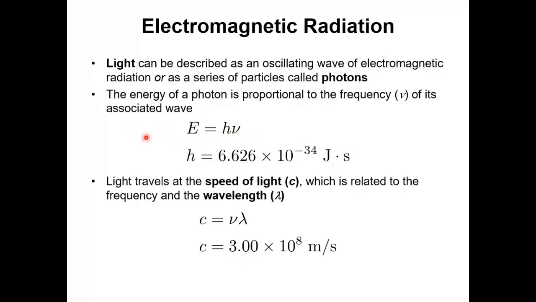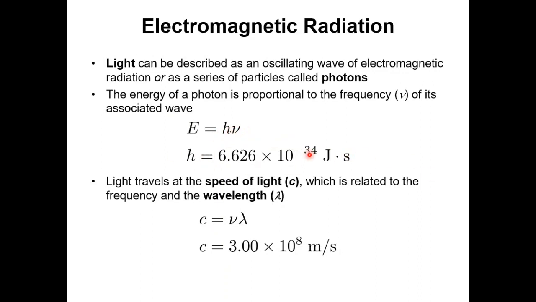This is probably the most important equation in this chapter. The energy inside each photon is equal to Planck's constant times the frequency of this photon.